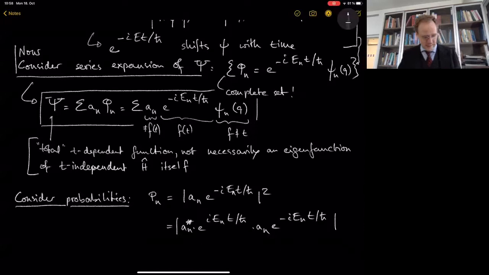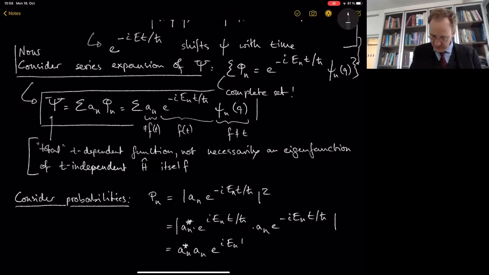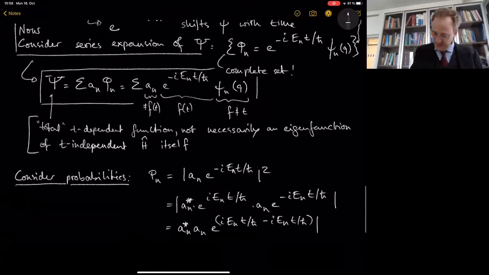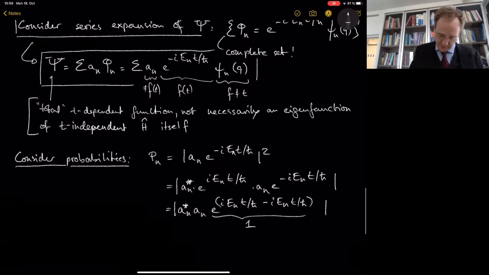And so what you see is that the exponential part, if I pull this together, I have exactly the same exponent. That means the exponent is 0, so this is just 1.